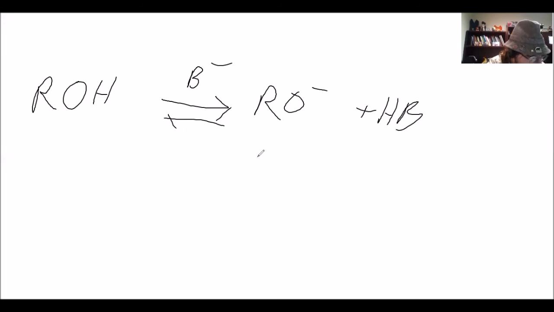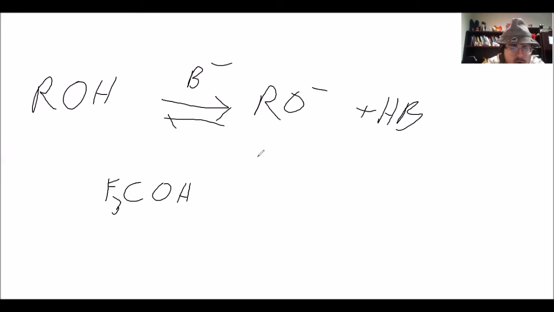Now, this alkoxide can be stabilized with various electron withdrawing groups. Basically, the O doesn't really like to have that negative charge. It can have it, but if, for example, I had CF3OH, this is going to be a particularly more acidic hydrogen than, say, methanol.